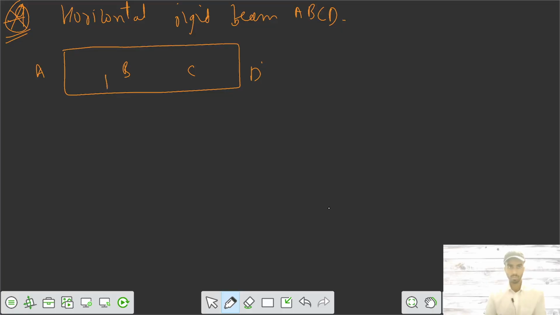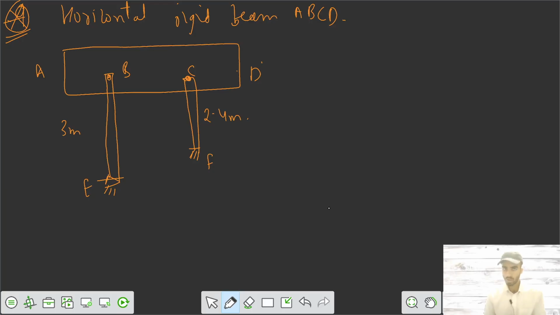Here you have the vertical bars BE and CF. It is connected. The length of this one is 3 meters, and the length of this one is 2.4 meters.